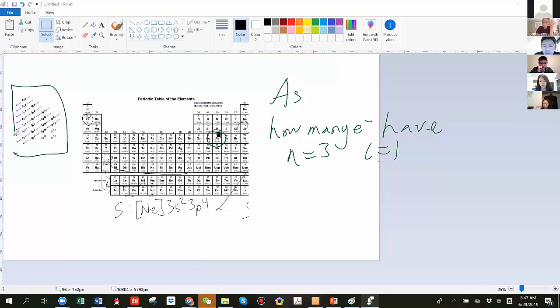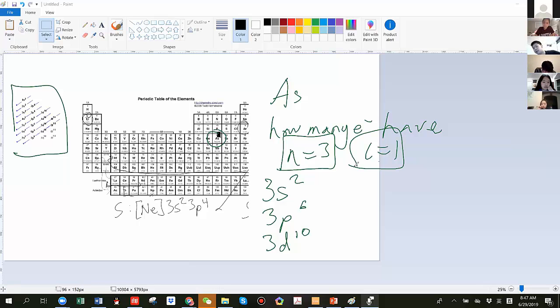Okay, so let's look at the first criteria, n equals 3. Which orbitals have n equals 3? We have the 3s2, the 3p6, and the 3d10, right? So that counts the first one. Let's look at the second criteria: L has to equal 1.